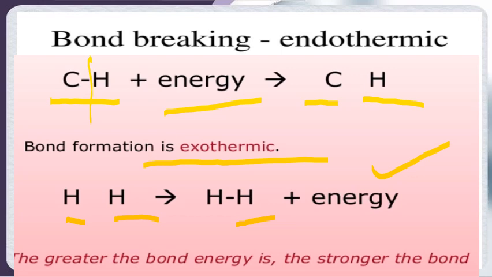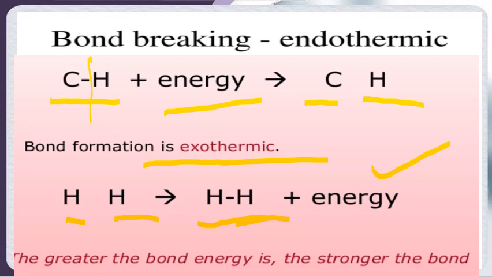Greater the bond energy, the greater will be the bond strength, right? If I say the amount of energy given out by the formation of the hydrogen molecule is huge, it means the bond between hydrogen atoms is very, very strong.